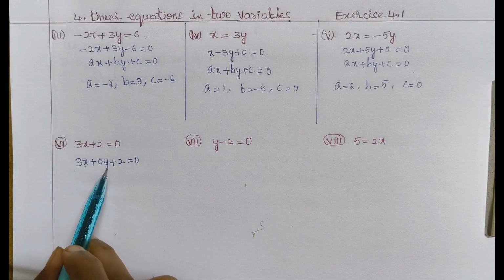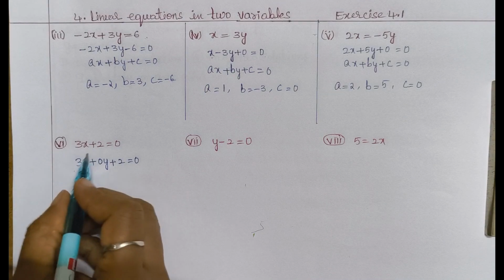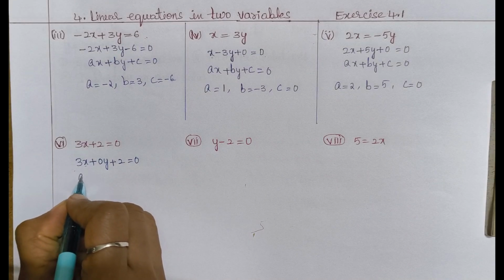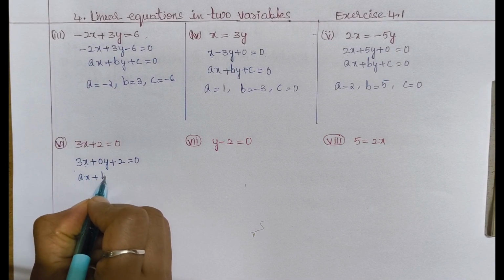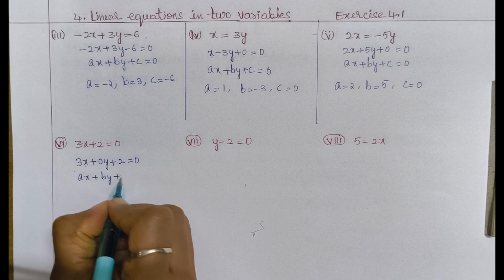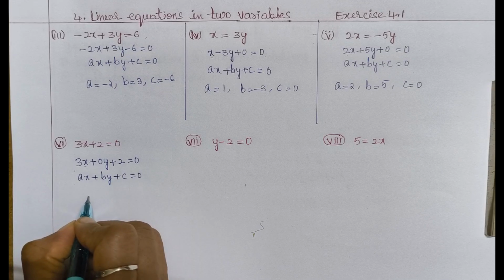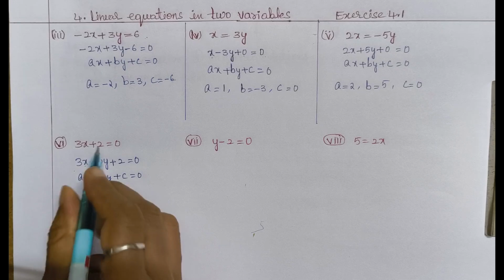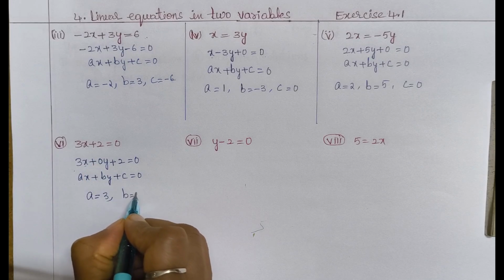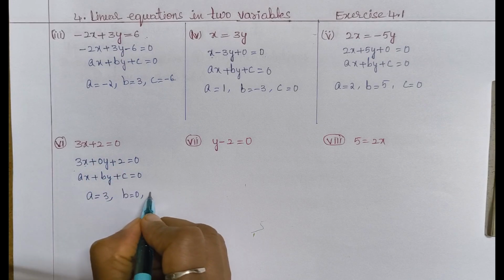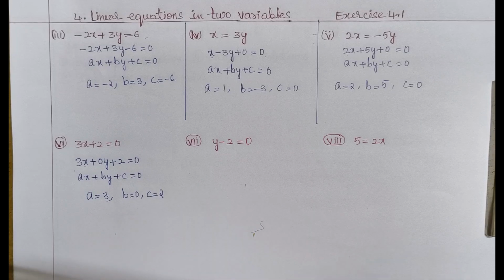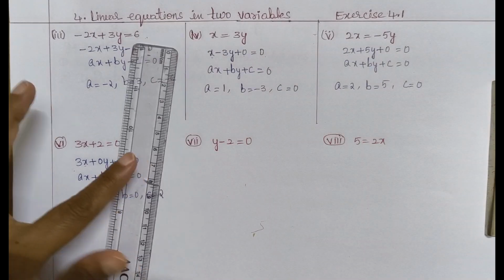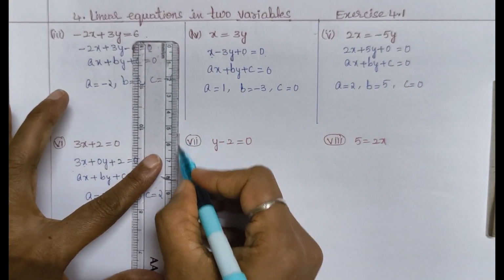This is in the form ax plus by plus c is equal to 0. Now a is equal to what is the answer? 3 is the answer. b is equal to 0 is the answer. Next, c is equal to 2 is the answer. Are you clear? Every question is like this only. This is a very easy lesson.